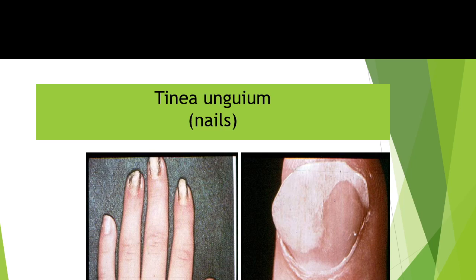This is another lesion in the infection of the hand, but it is usually seen in the area of the nails, so it is called tinea unguium. The nail will be deformed, whitish in color, curly, easily breakable, brittle, and disfigured. As we see in this hand, we have nail involvement, tinea unguium of the thumb.